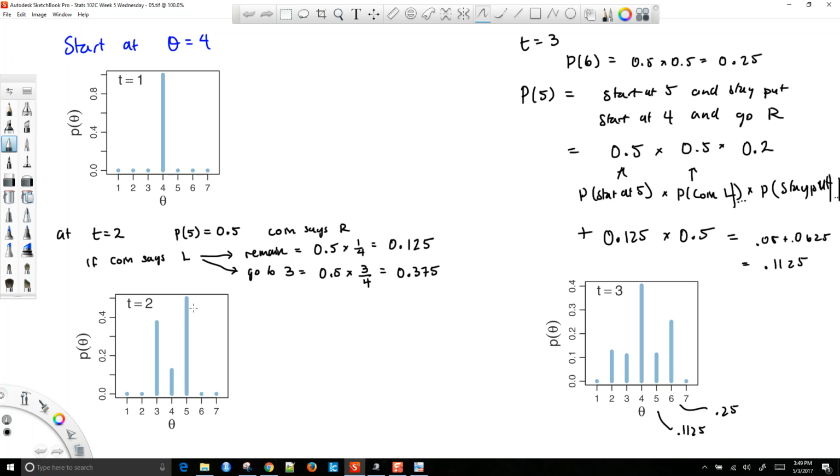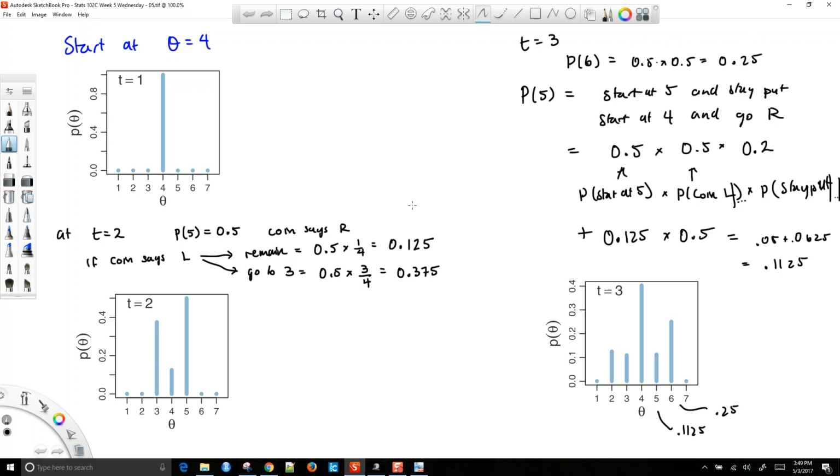I have a 0.5 probability of starting at 5, which means I could end up at island 6 if I flip the coin and it tells me to go to the right again. And if it tells me to go to the right, then I go to island 6.